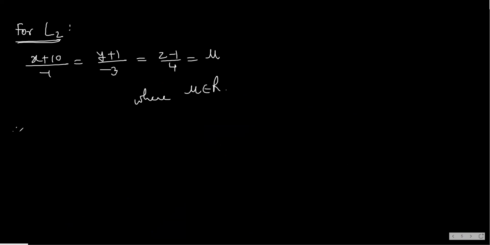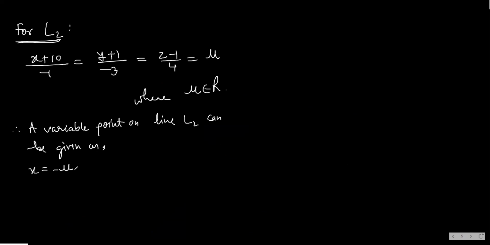So I will now write, therefore a variable point on line L2 can be given as: x equals minus mu minus 10, y equals minus 3 mu minus 1, and z equals 4 mu plus 1.